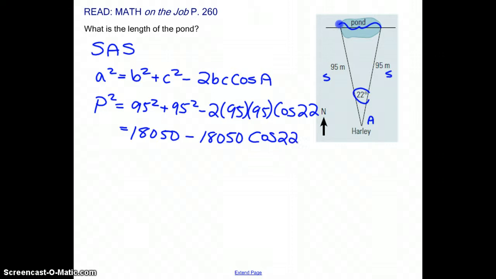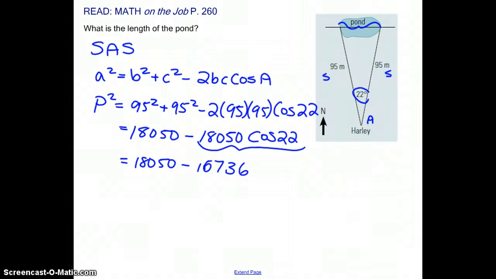Now be careful. I've seen over and over again how people will right away subtract the two 18,050s. We actually have to multiply first according to BEDMAS. So we multiply 18,050 times cos 22 to get 16,736, and subtract that from 18,050.